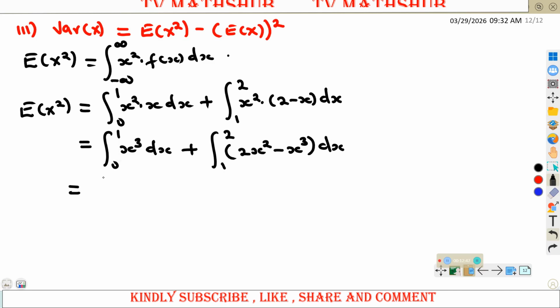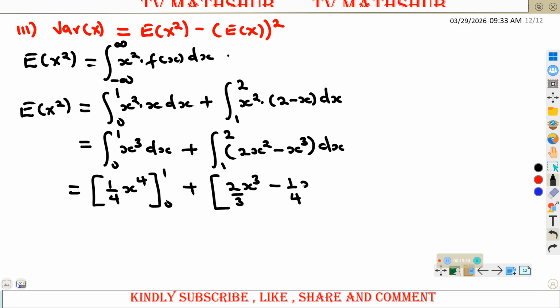Next, when we integrate, this is 1 over 4 x to the power 4 from 0 to 1. Then we add 2x to the power 3 divided by 3 minus a quarter x to the power 4, from 1 up to 2. Let us put the limits.